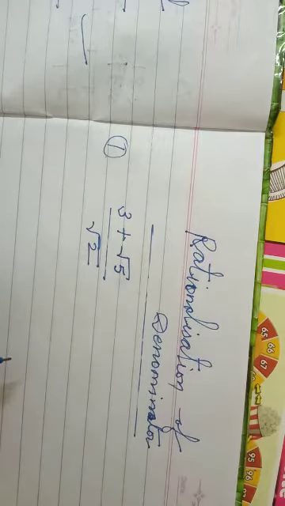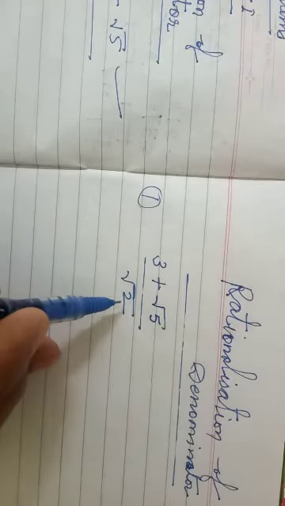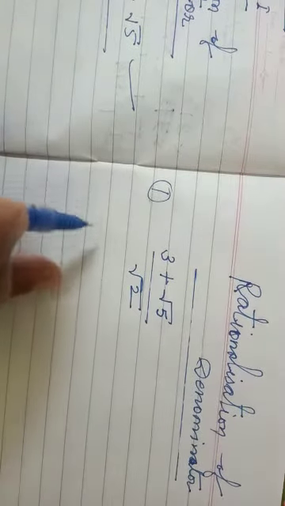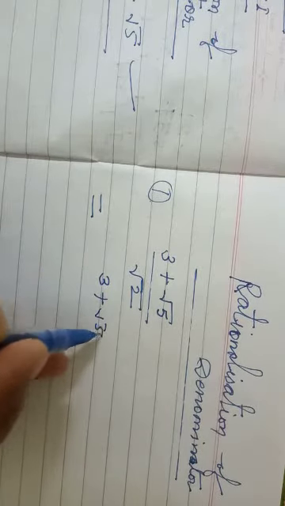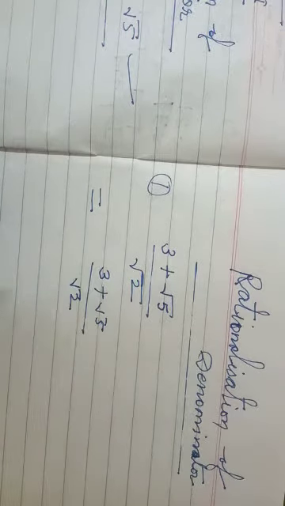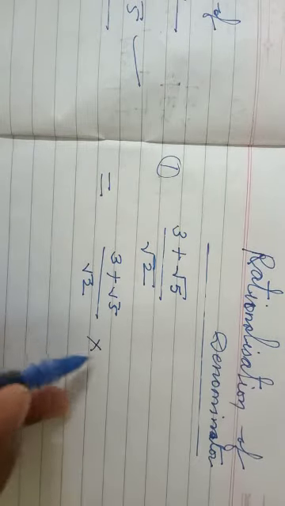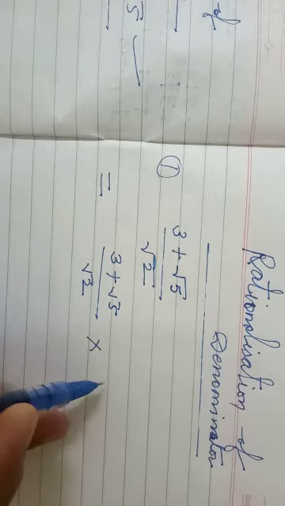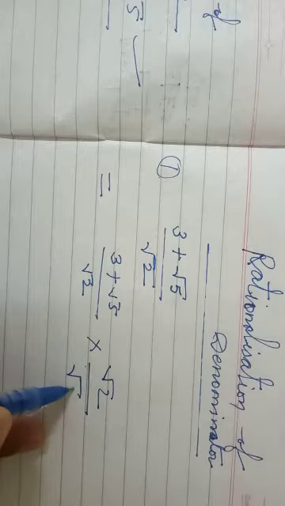That irrational number will be already given in the denominator of that number. In this fraction, 3 plus root 5 upon root 2, if we should rationalize the denominator, then we should multiply the denominator irrational number into the numerator and denominator also.